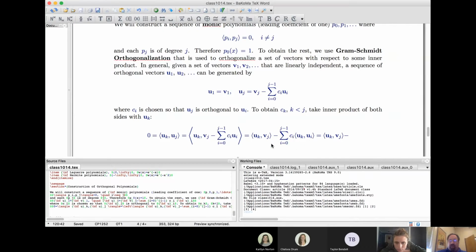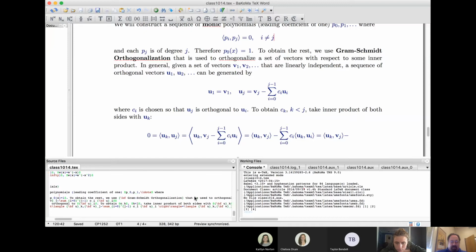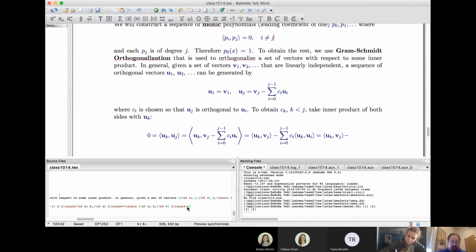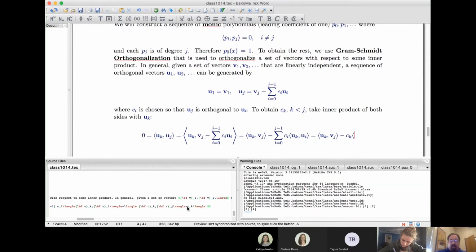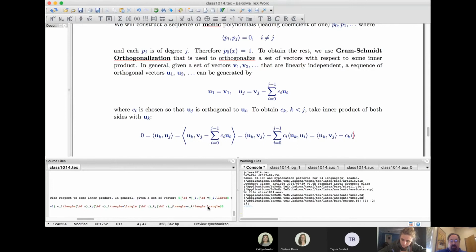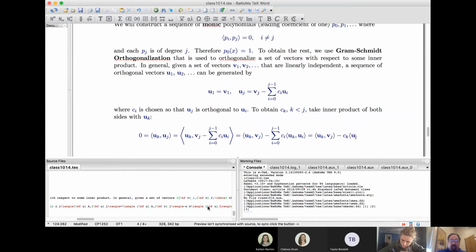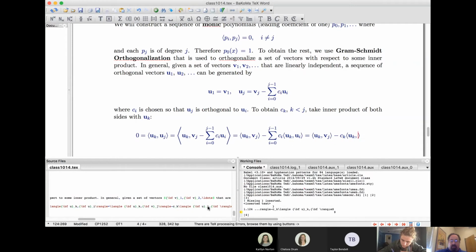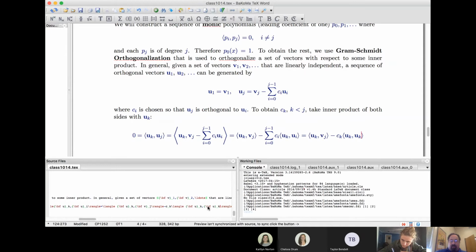So what that means is we're just going to be left with ck times the inner product of uk with itself. Now, I've only assumed that the U's are orthogonal, not orthonormal.